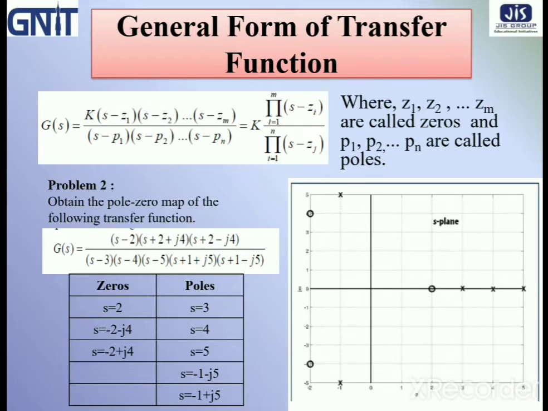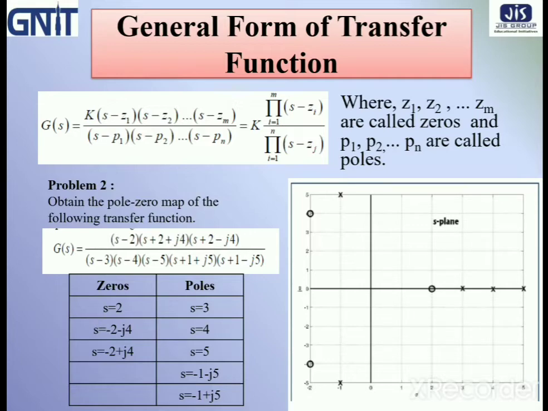Now, what is pole and what is zero? Just look at the equation. G(s) is equal to K into (s minus z1) and so on. If we put s equal to z1, s equal to z2, s equal to zm, then G(s) becomes 0, that means K into 0 divided by some value.